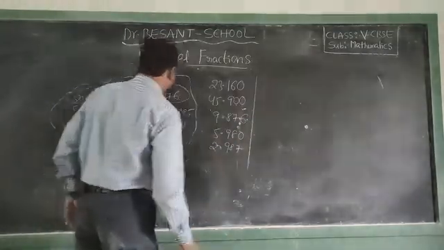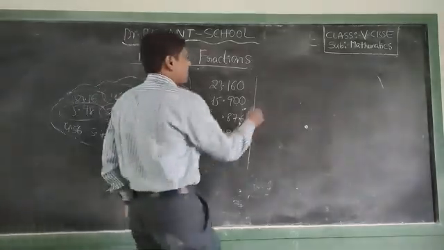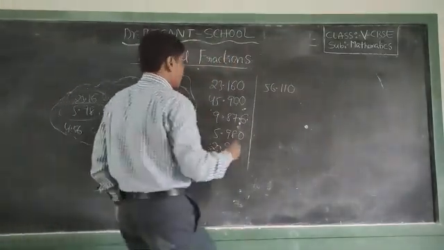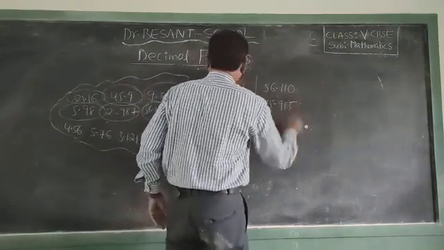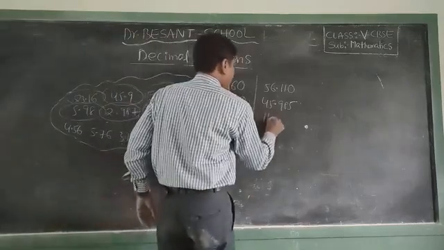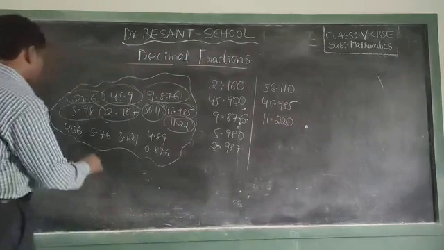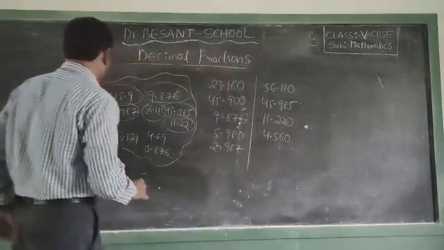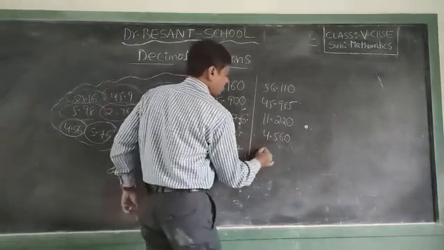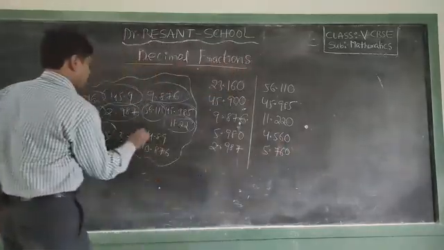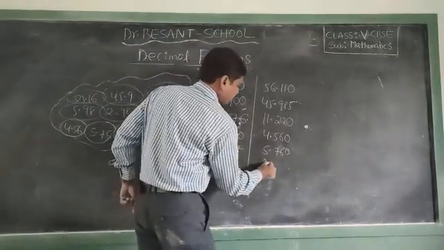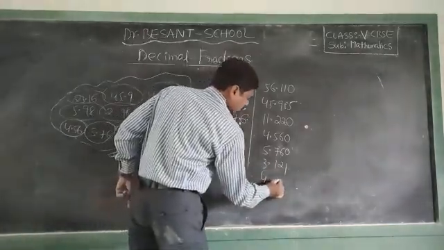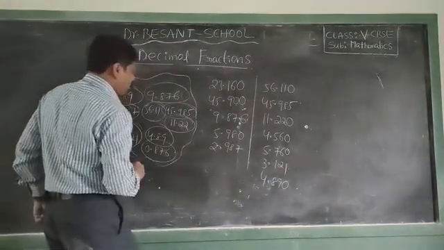Next 56.11, 56.110. 45.985, 11.220, 4.560, 5.760, 3.121, 4.890, 0.876.